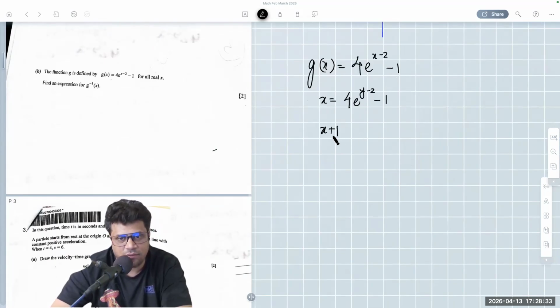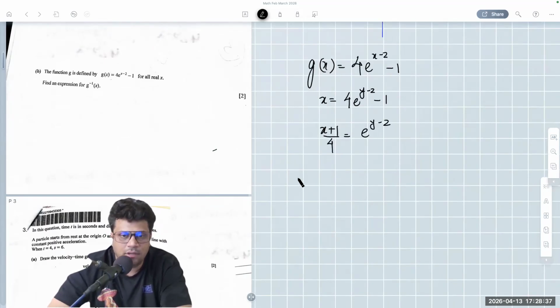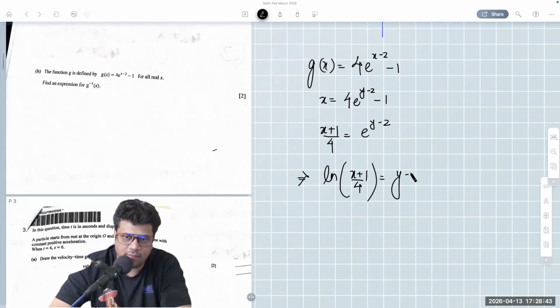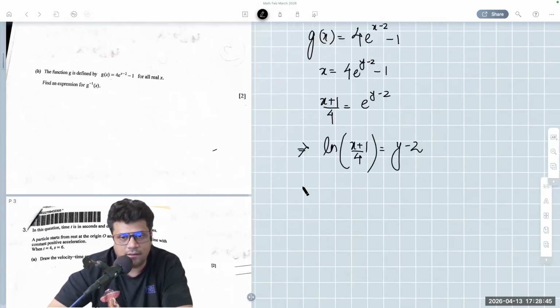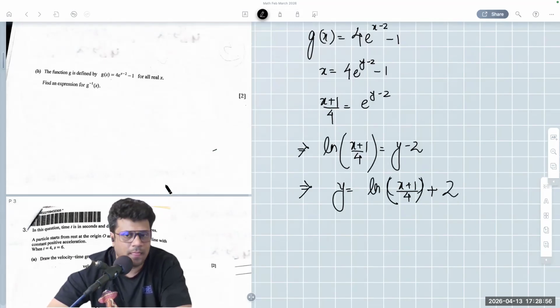So x plus 1 by 4 is e to the power of y minus 2, which means ln of x plus 1 by 4 is y minus 2. And y is supposed to be ln of x plus 1 by 4, plus 2.